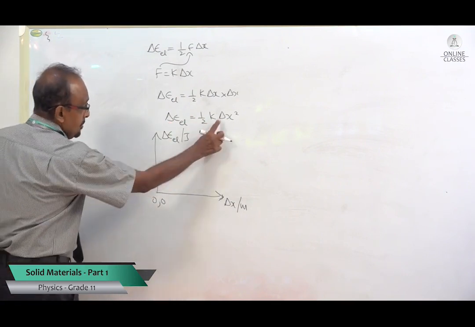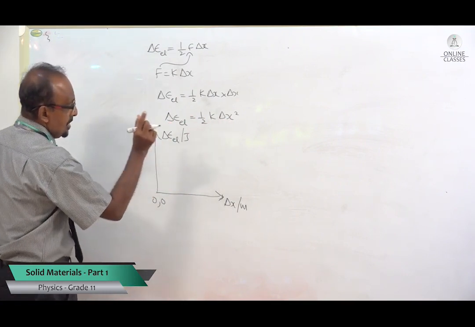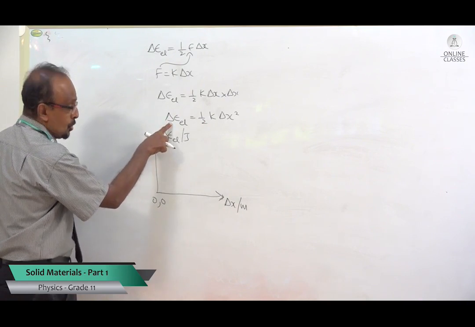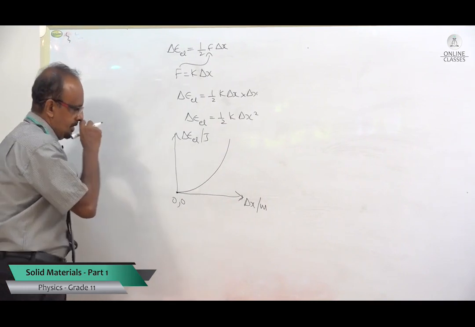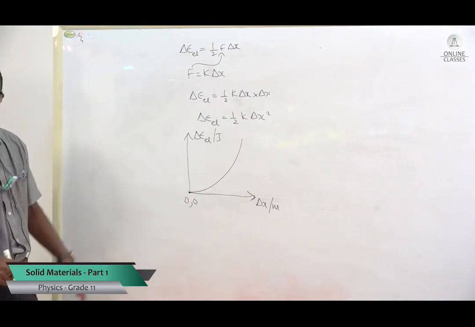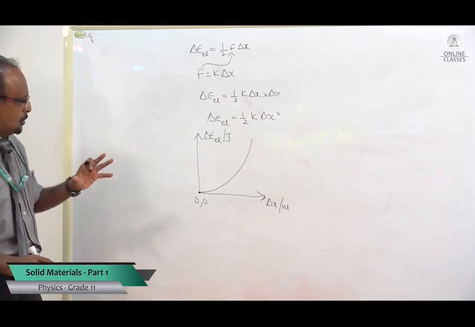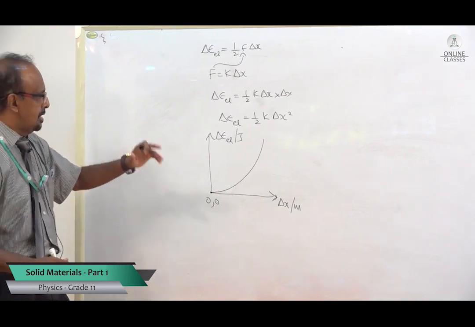When the extension is 0, no energy is stored, so it starts from here and increases like this. The shape will be a curve. So you should know how to draw these graphs.